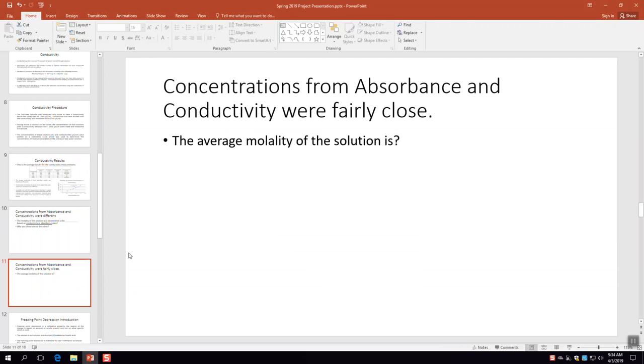The reason you need to include a slide which specifically states what concentration you're going to use is kind of threefold. One, you need a molality for your freezing point depression. Two, you need a concentration to use for your Henderson-Hasselbalch equation in the titration portion of the experiment.